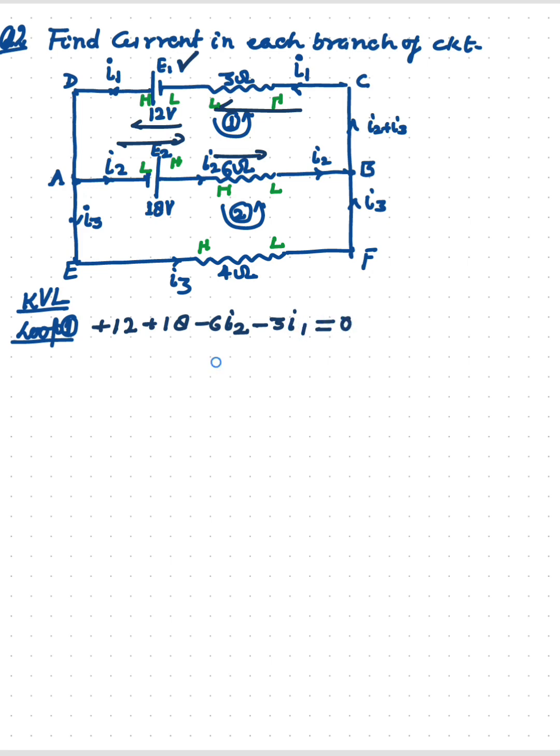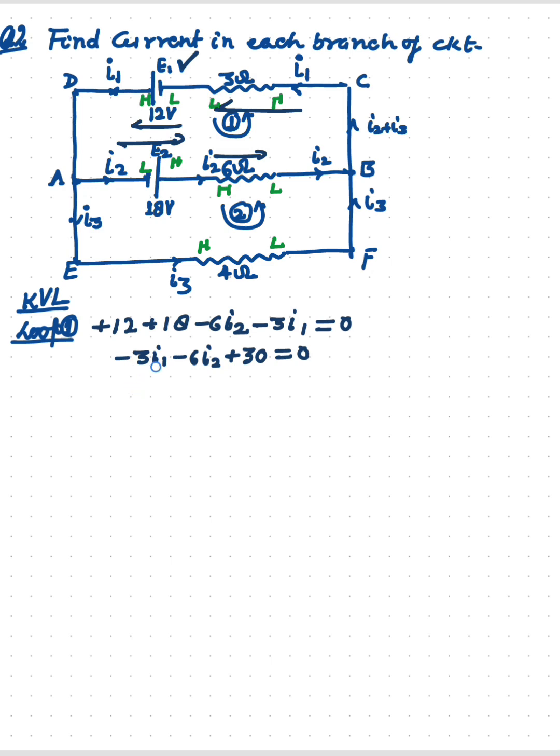No. So minus 3 I1 minus 6 I2 plus 30 equals 0. Can we simplify it?